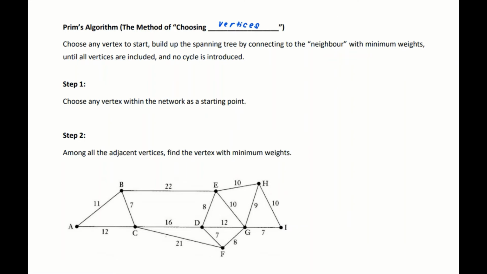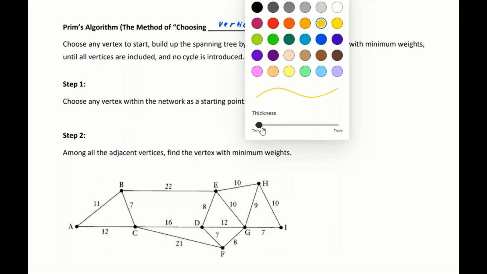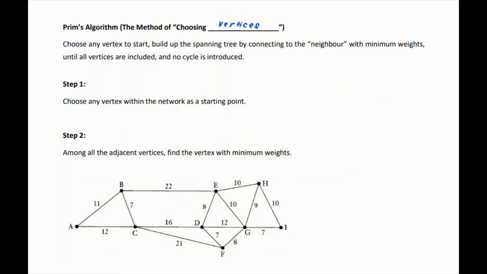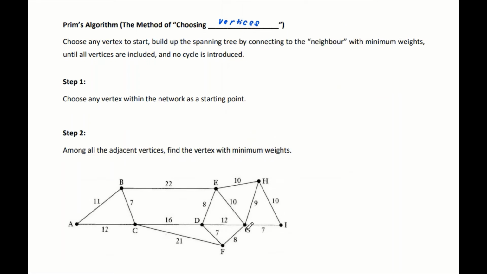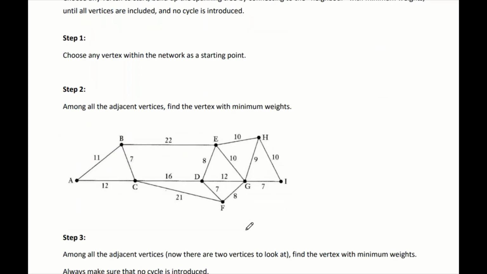All right, so let me change my pen here. If you can, try to use your highlighter, I guess that will be easier. So step one, choose any vertex within the network as the starting point. We are just going to do the easiest one first, so I'll start from A. Among the adjacent vertices, remember Prim's algorithm is the method of choosing vertices.